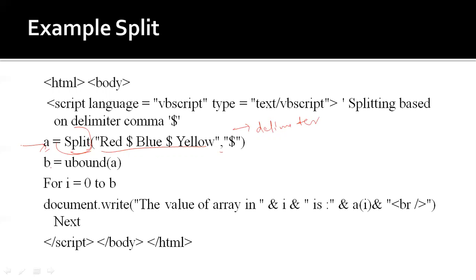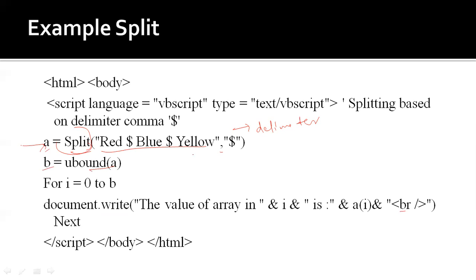As you can see, B is equal to upper bound A, and for 0 to B, document.write the value of array is I, is A of I, then the BR tag is used for the next line. It can be used to display all the elements of an array.